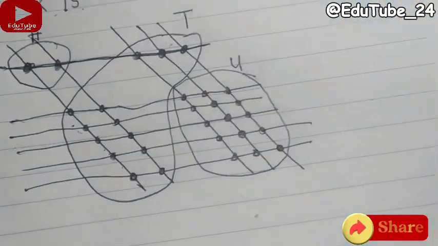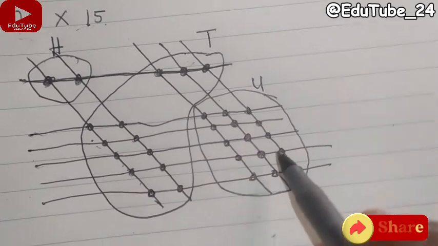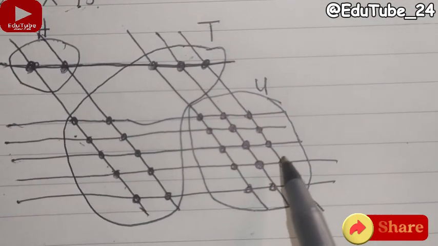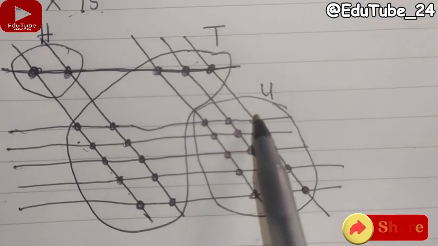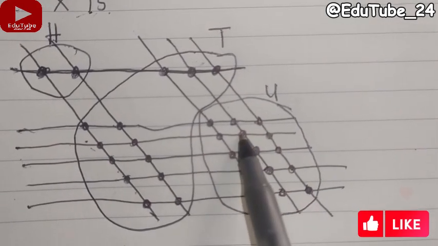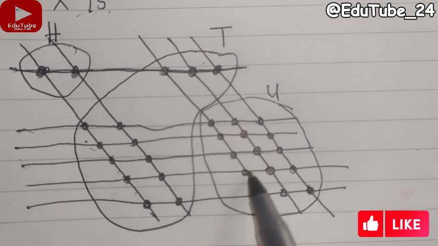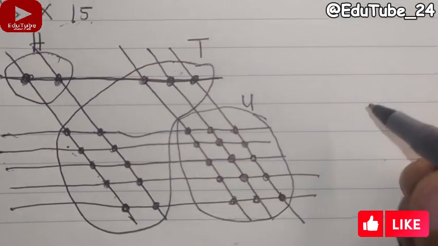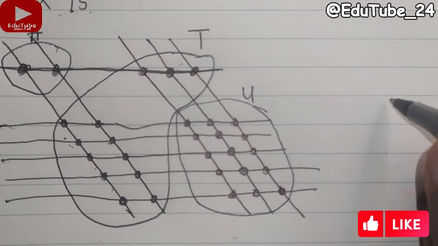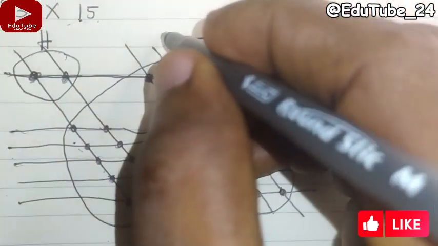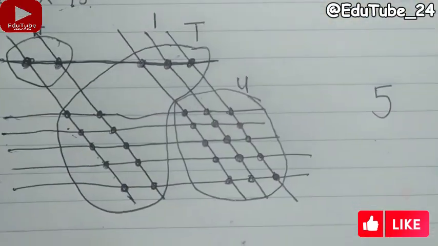Now that I've labeled the intersections, I'll count each meeting point and write down the numbers. So let's count: 1, 2, 3, 4, 5, 6, 7, 8, 9, 10, 11, 12, 13, 14, 15. In the units, I have 15. As in regular multiplication, I'm just going to write 5 and carry 1 above tens.